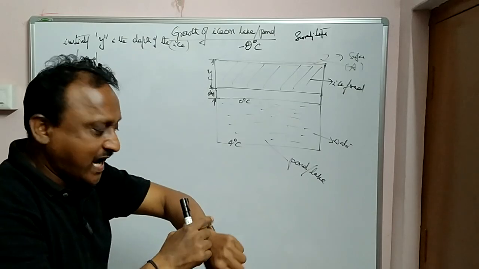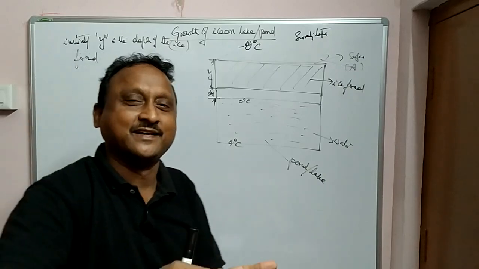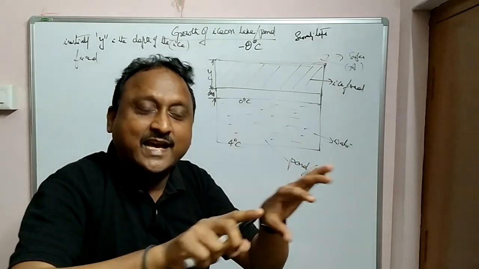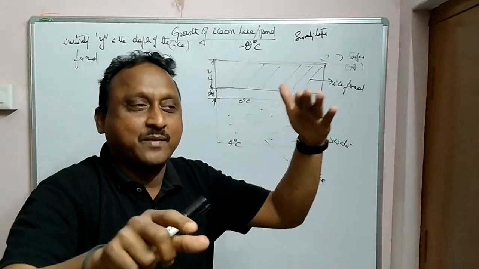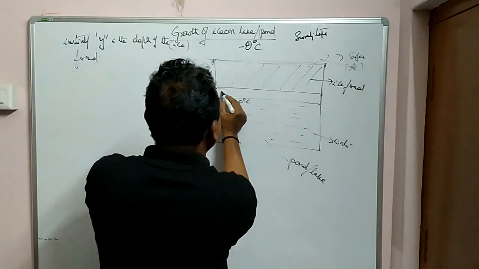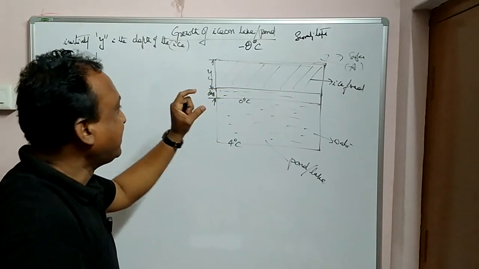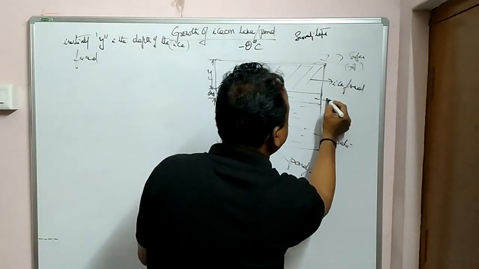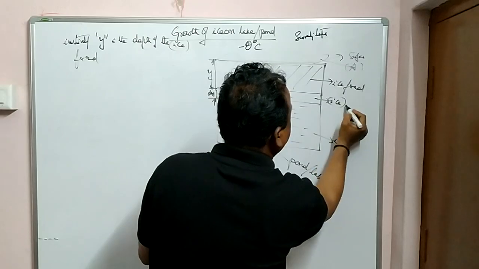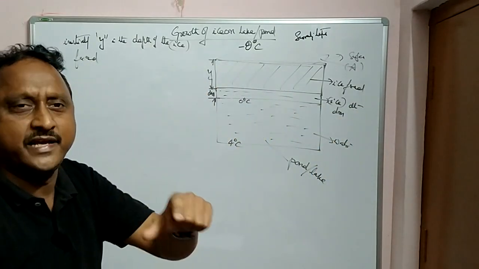In a time dt, how much more ice is formed on the lake when the temperature is lowered? So what I'll assume is, let this small dy thickness of ice be formed in a dt time, and the mass is dm. Are you following the point here?